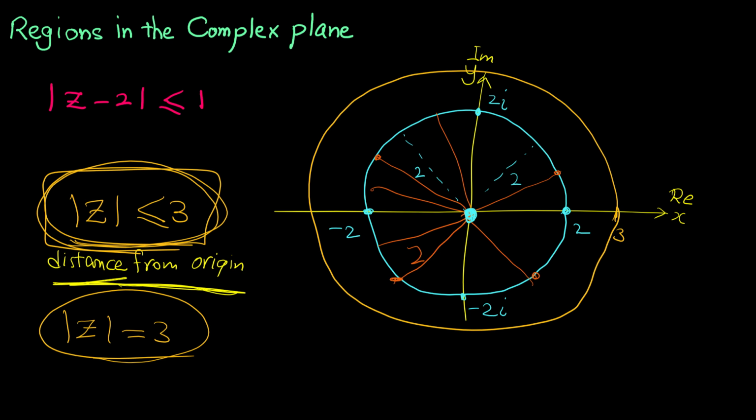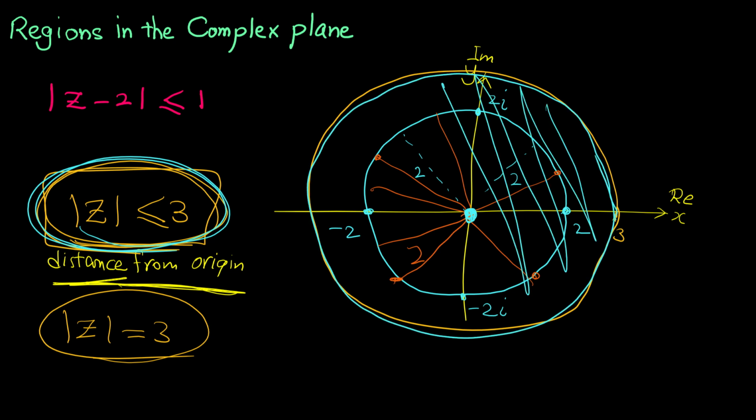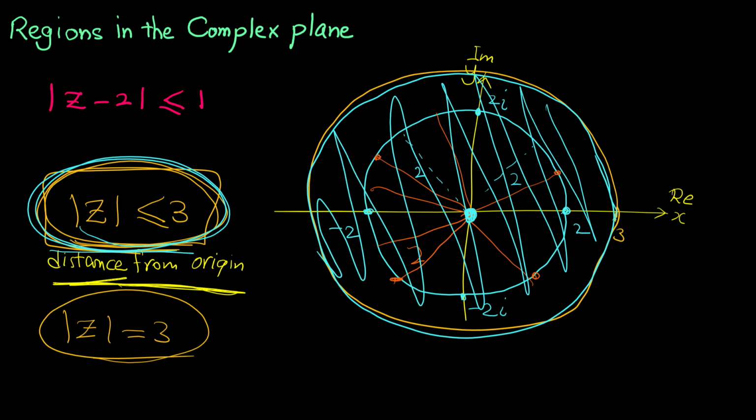So we are looking for points in the complex plane whose distance from the origin is less than or equal to 3. And probably you can guess that this equation shows the points on the circle and inside the circle. So this equation represents all the points on the circle with radius 3 and the points inside the circle.